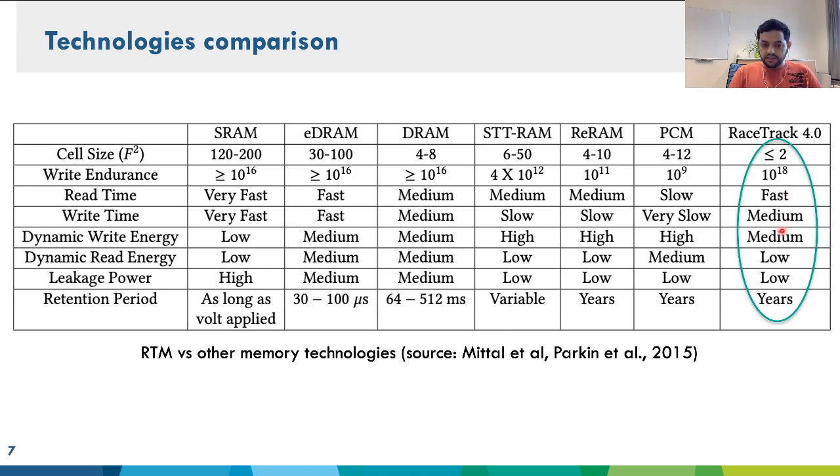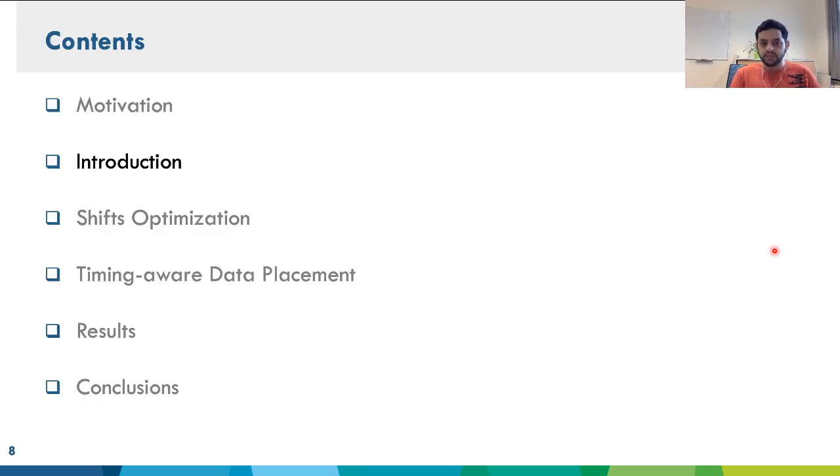Write time is medium, which is again better compared to other non-volatile memory technologies, and energy is of course better because it's non-volatile. This shows that non-volatile memories in general are required to overcome the energy barrier of today's systems, and racetrack memory in particular is a better choice amongst other non-volatile memories.